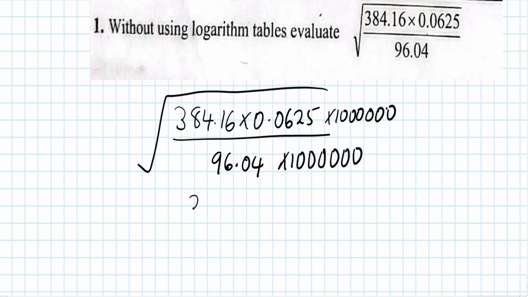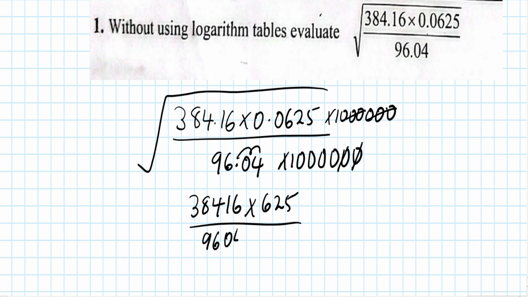Ndo maana utapata 38416 ishatoka times 625, because all the decimal points itakuwa ushamaliza, but the denominator itakuwa hujamaliza bado, because you'll just deal with only 2 1 2 1 2, and you'll just remain with 9604 times 10,000. Okay, then obviously square root. Sisahau square root, ni muhimu sana.